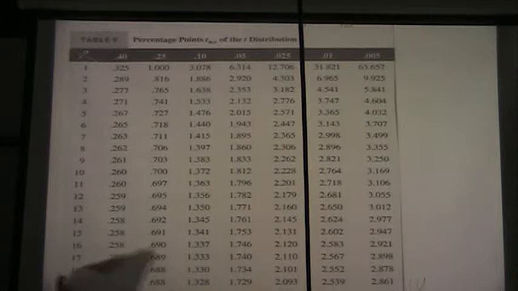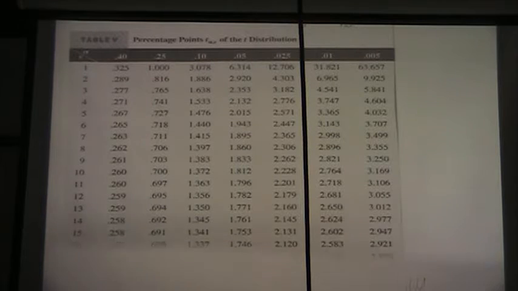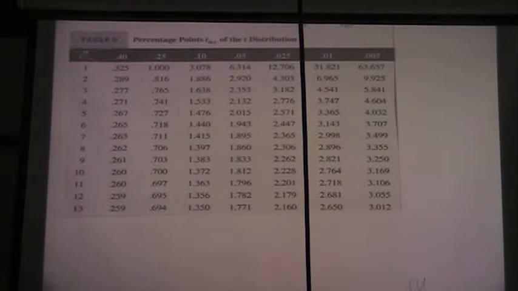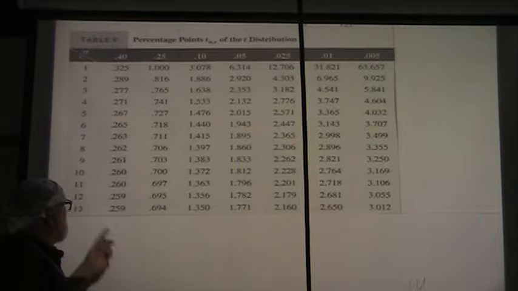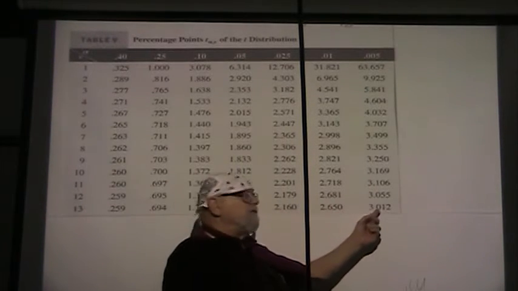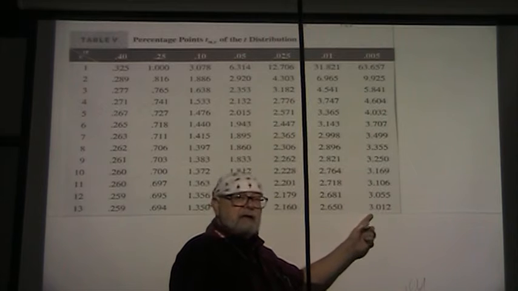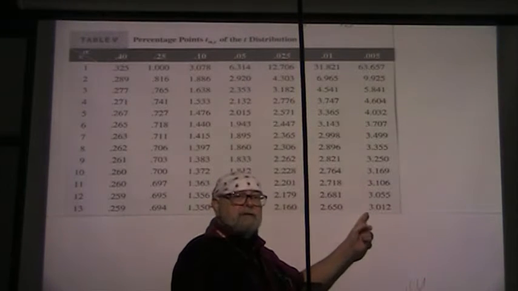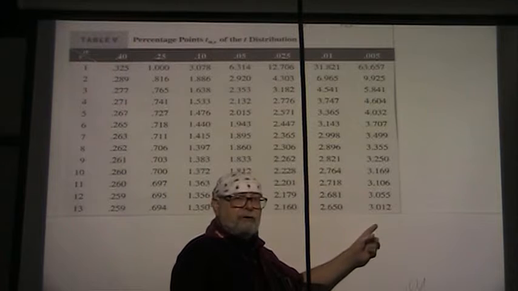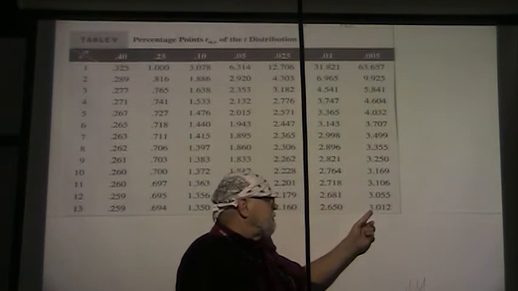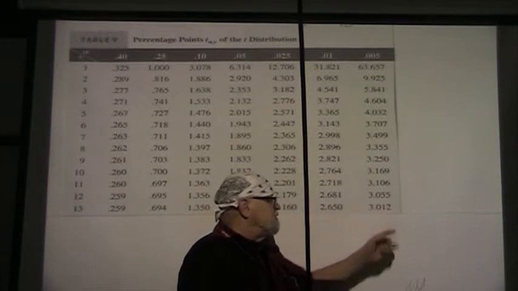Then I look for my degrees of freedom, which is lucky 13, and where my pieces of paper form a corner, that is my T of 0.005 with 13 degrees of freedom, 3.012.